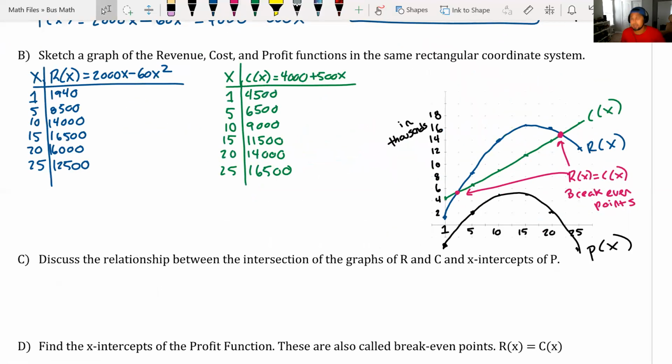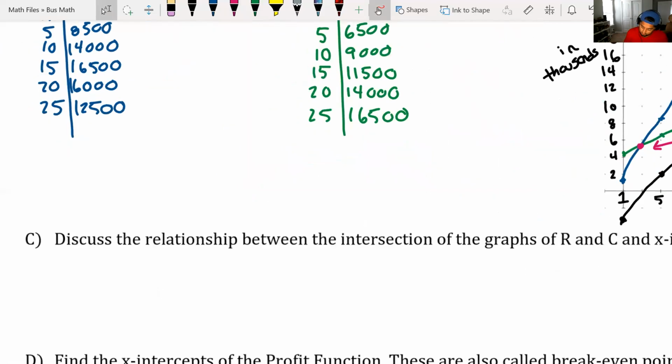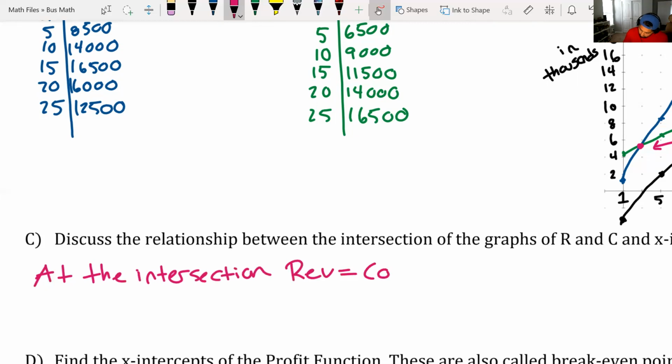Which means that at the intersection of the revenue and the cost function, at these intersection points, revenue is equal to cost. So that's what we could write here: at the intersection, revenue equals cost.